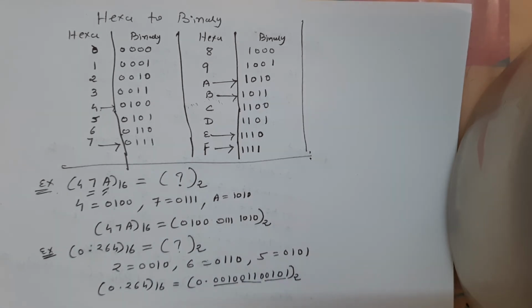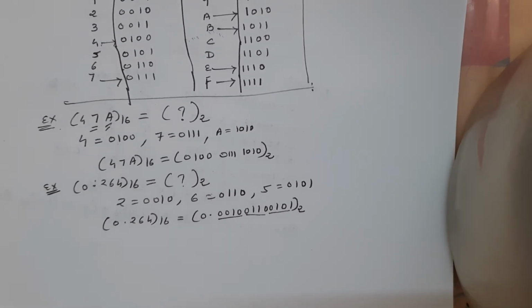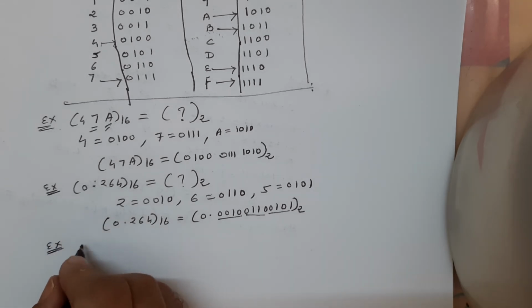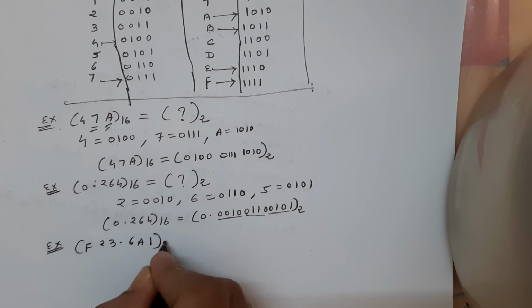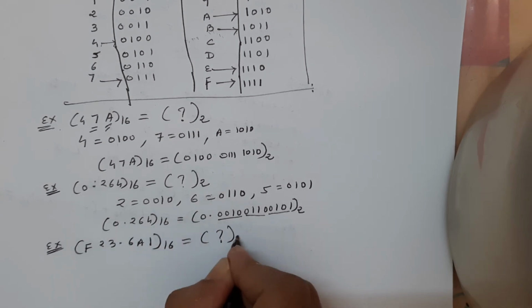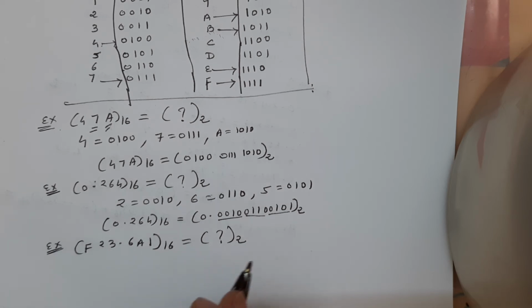If it is a mixed number, integer as well as fractional, then the third and last example, F23.6A1 hexa converted into the form of binary, then I am not explaining in detail.